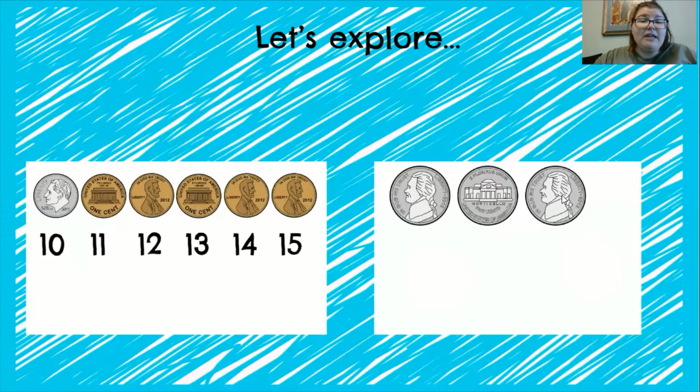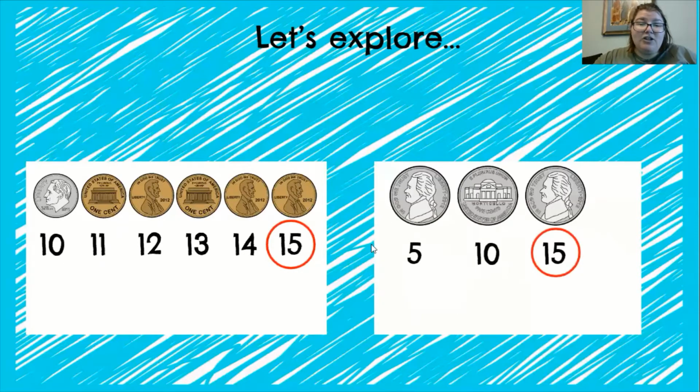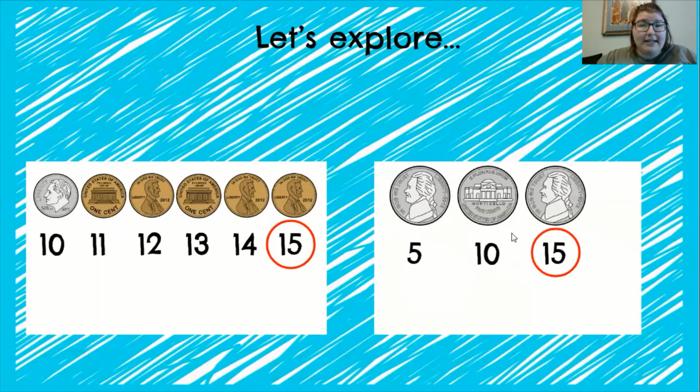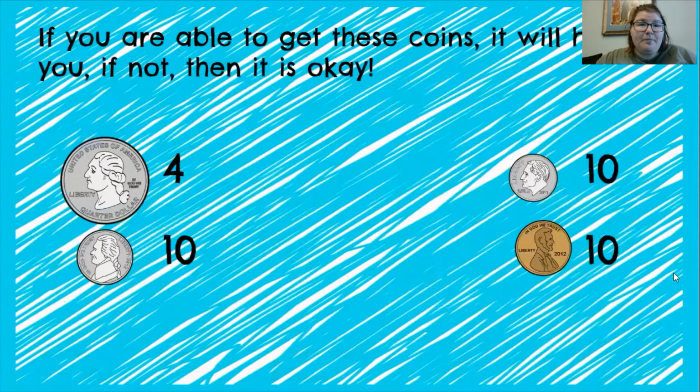We have 3 nickels here, so we can skip count by fives. 5, 10, 15. So we know that each total equals 15 cents. It doesn't matter how many coins we have, because each coin has its own value of how much it's worth. They both equal 15 cents.